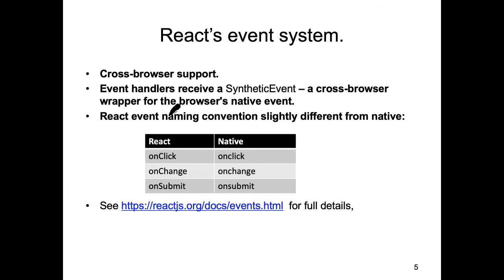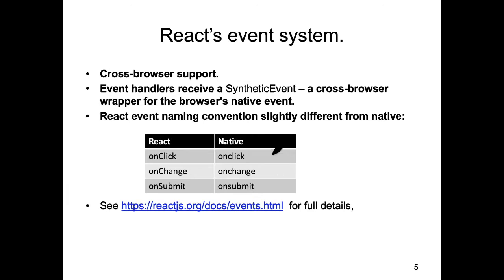So what React does is it takes the native event object that's created by the browser and wraps it in a generic event object, and it makes that generic event object available to our React code. The technical name that it calls that event object is a synthetic event object. We don't need to delve into it in any detail, other than just to say that React is cross-browser compliant.